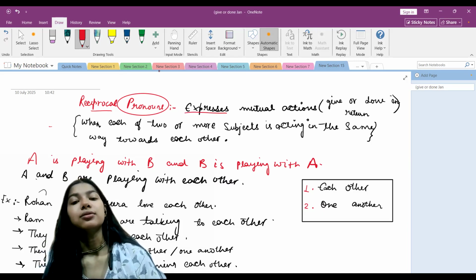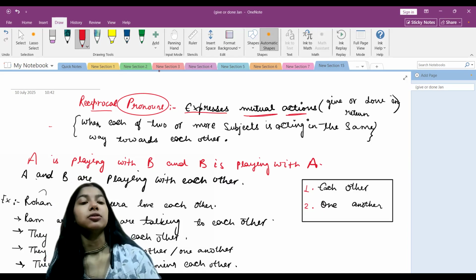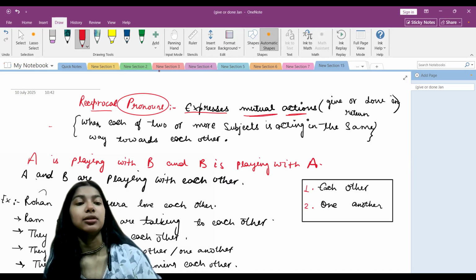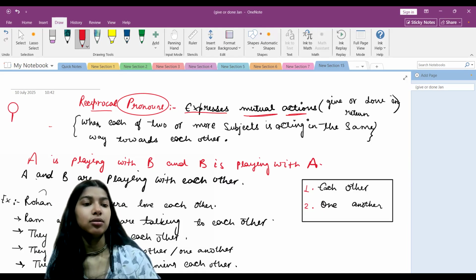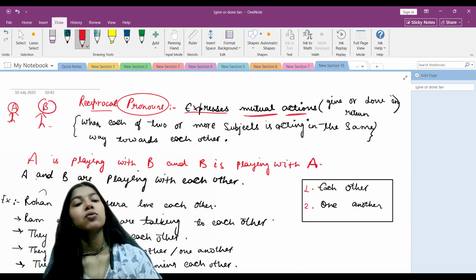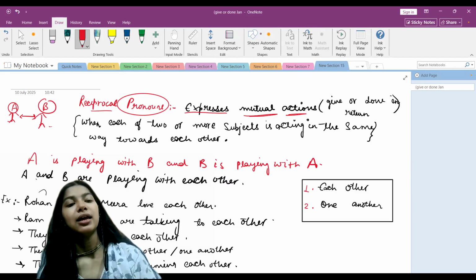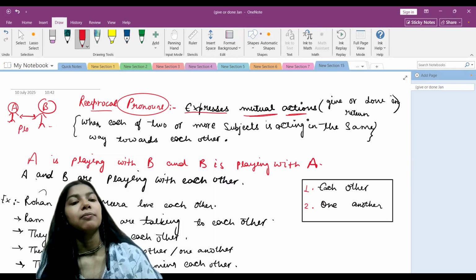It expresses mutual actions, meaning there are two persons. Let's say this is person number A, and this is person number B. So whatever thing they are doing with each other, like they are playing, let's take one example of playing.